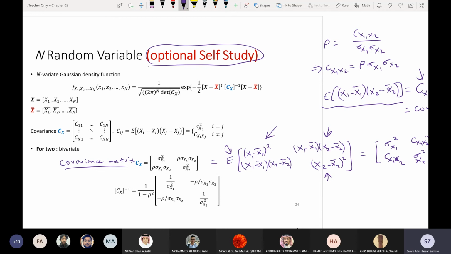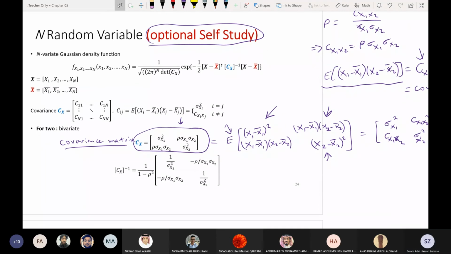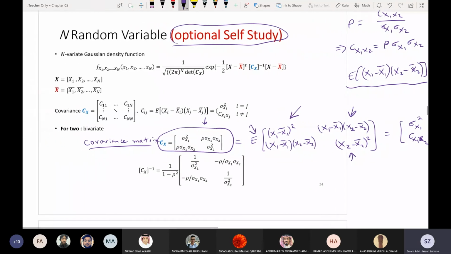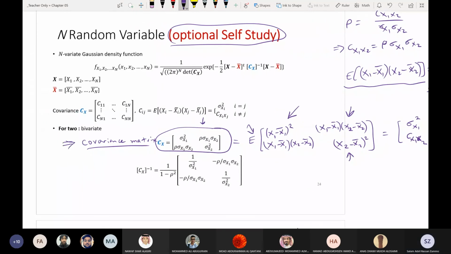And this is what we have done here. We substituted Cx1x2 by rho sigma x1 sigma x2. We call this the covariance matrix, and this is very important.